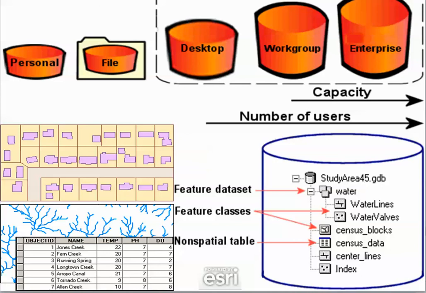Now, GIS can be dished out in a variety of ways, and there are different types of data sets. There are different types of configurations, some that allow users to edit with other users, some that are geared more towards internet use, and there are different types of GIS data models.